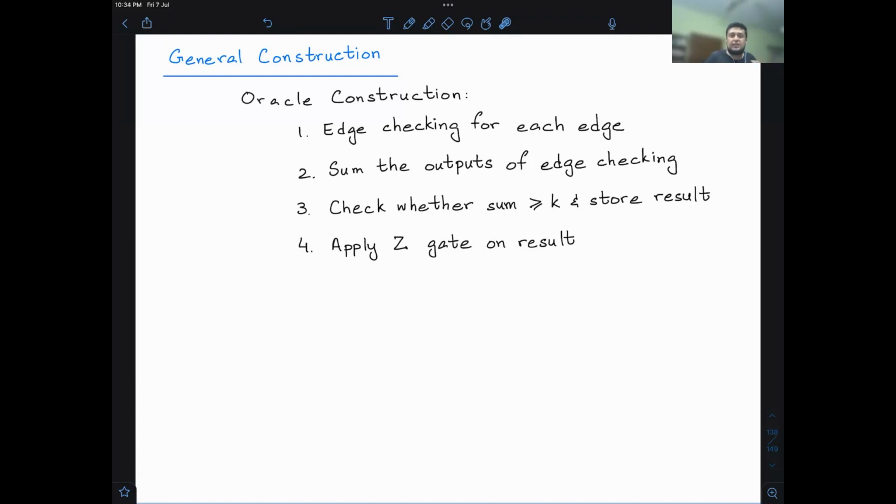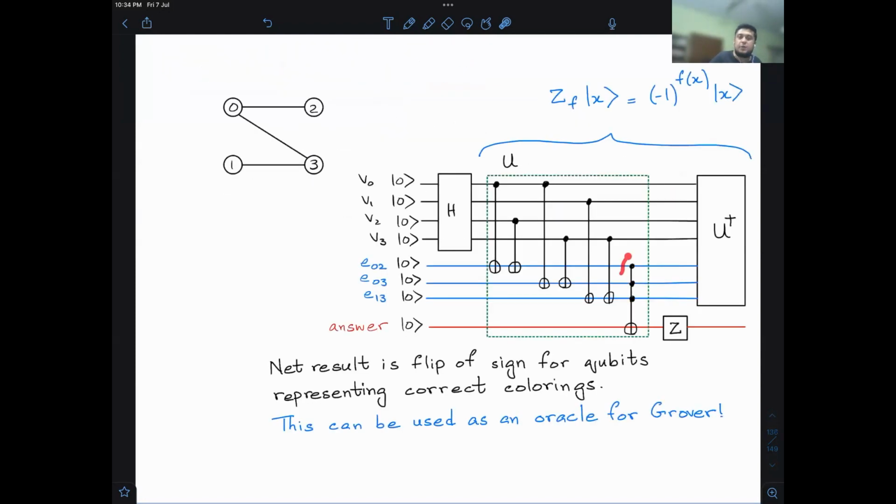But this is now, in some sense, all classical. There's nothing quantum happening over here. So you say, all right, I will implement a summing operation on the edge check qubits. Over here in the circuit, I just said all of them have to be 1. But now if my graph is not bipartite, all of them don't need to be 1 for the right answer.